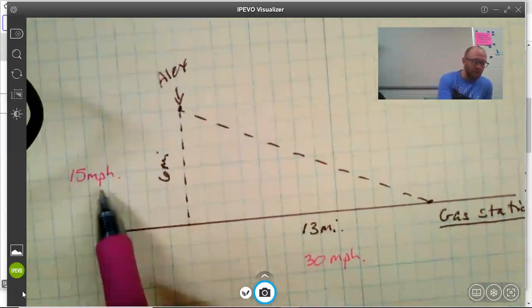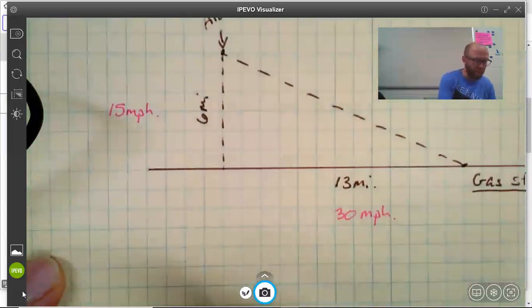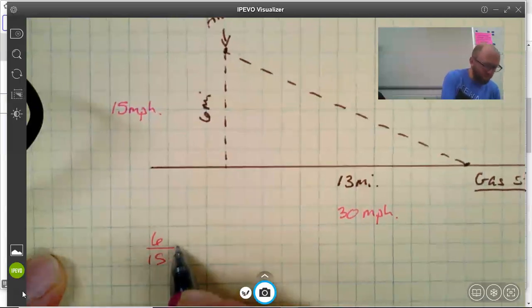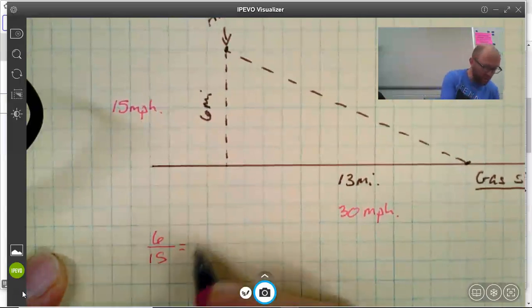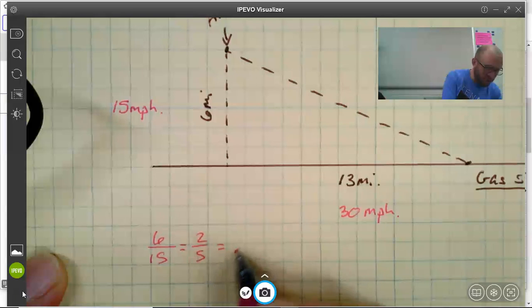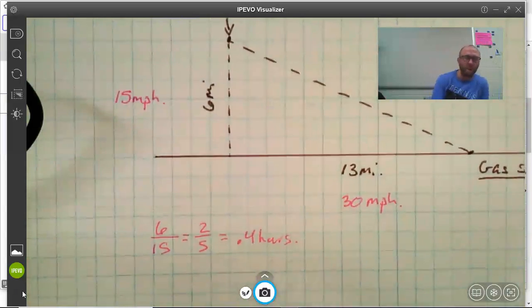Well, let's take a look. 6 miles at 15 miles per hour would be 6 divided by 15, that's 2 fifths, which is 0.4 hours. We'll worry about minutes later on.